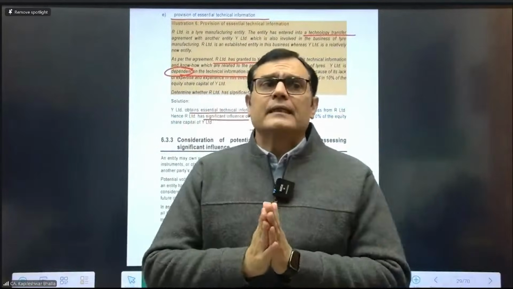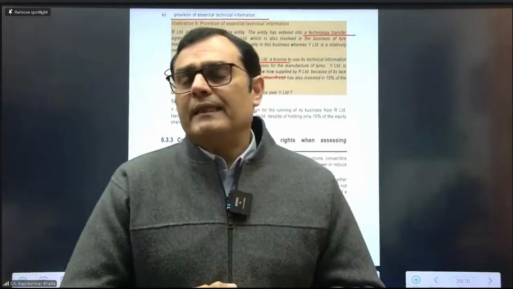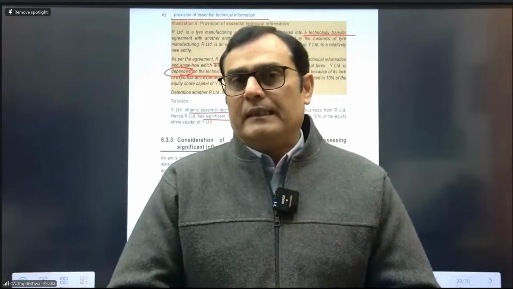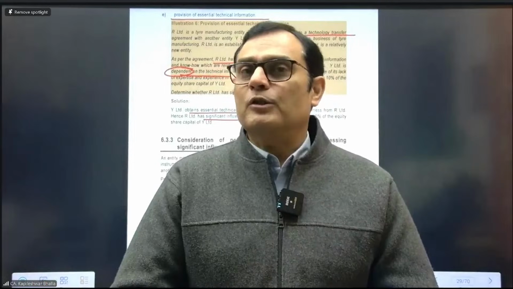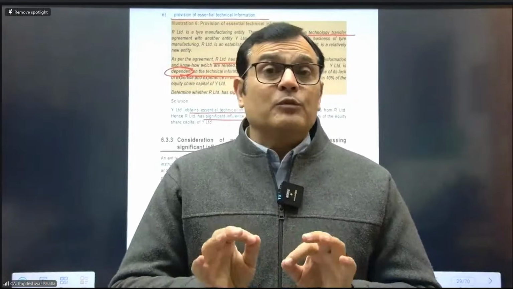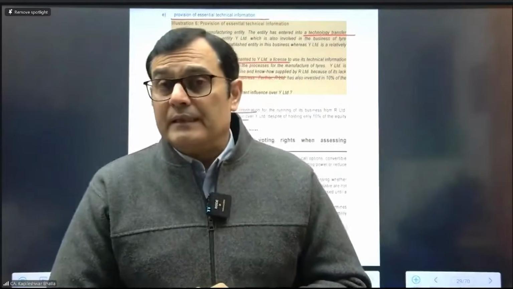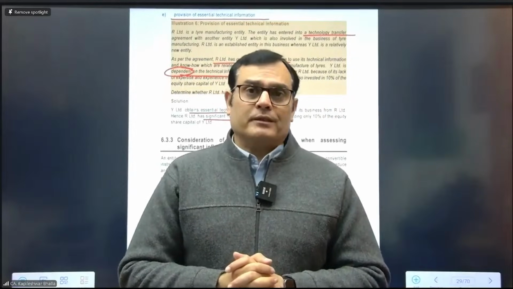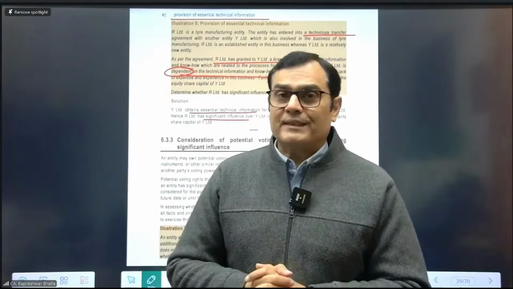Unlike Ind AS 110, where there is no direct reference, as control is a rule-based assessment, in terms of Ind AS 28, some way or the other, they have made a mention that it is, per se, a thumb rule assessment.